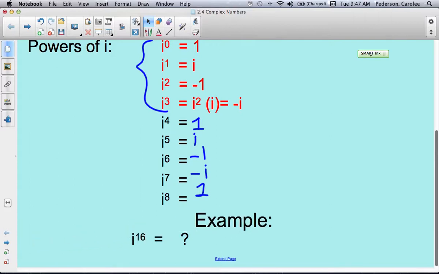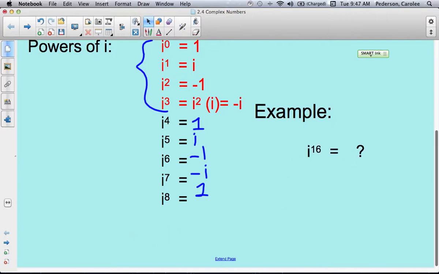Here's a little question for you. If I give you i to the 16th, you could continue repeating that pattern over and over again, or you can break down 16.